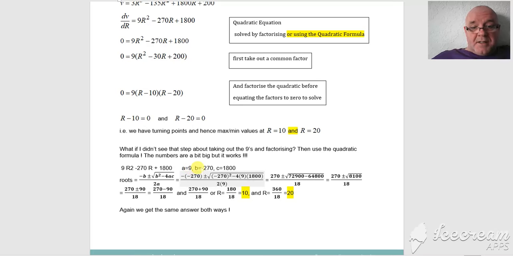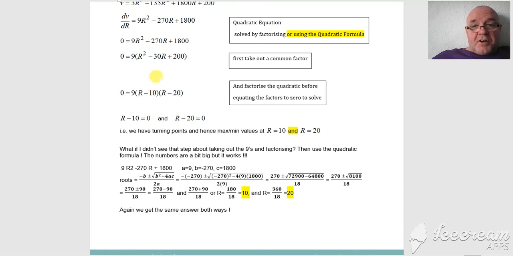A would be 9, b would be negative 270, and c would be 1800. Big numbers, but if you put the numbers in, it becomes okay. If you work it through, you get R is 270 plus or minus 90 over 18: 270 minus 90 over 18, and the other solution is 270 plus 90 all over 18. That works out as R is 10 or R is 20, just the same as before.